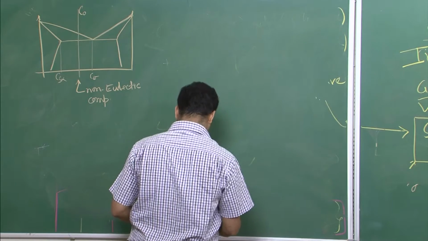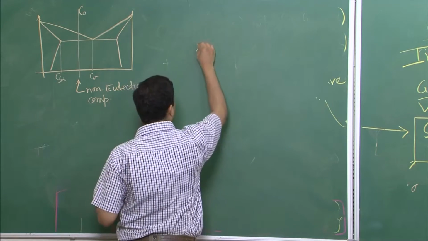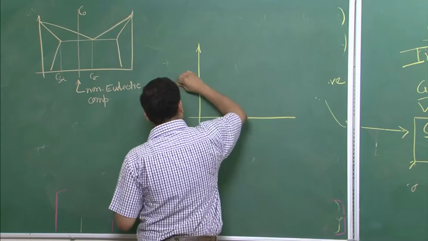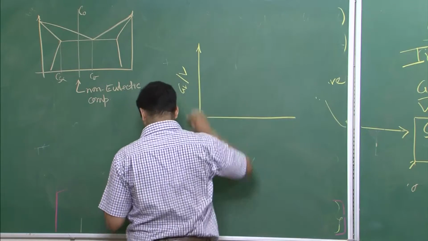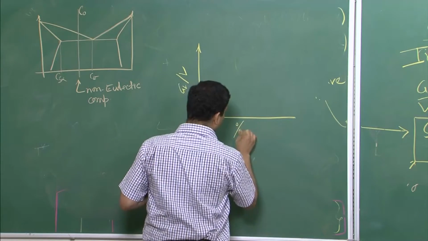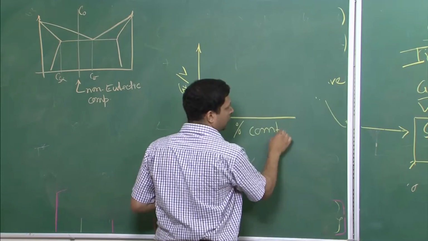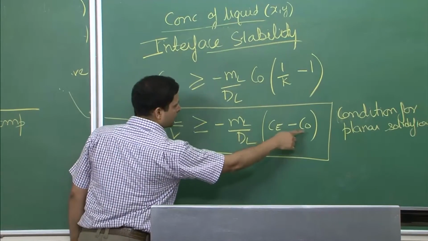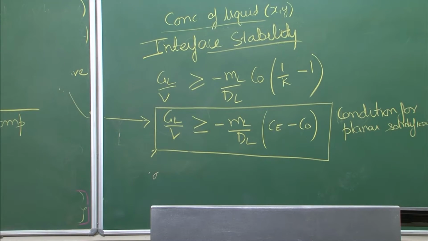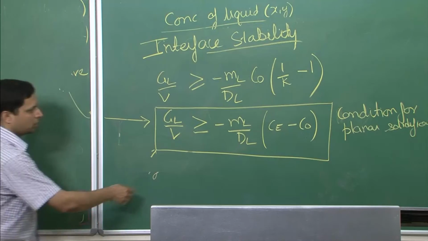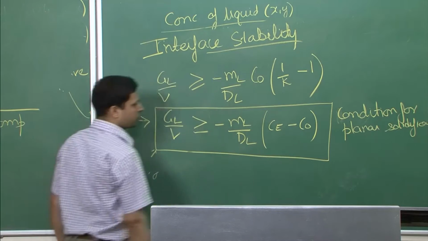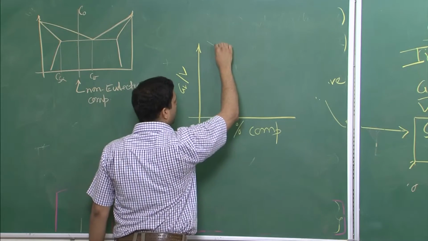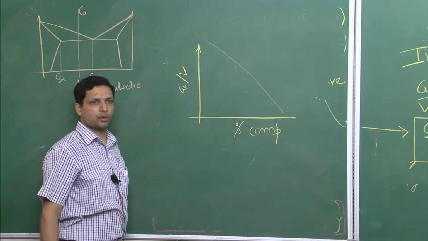So, if we plot GL over V and percentage composition, remember this is varying with the value of C naught. If you keep increasing C naught, then this value becomes smaller and smaller, and therefore the plot, if you were to draw it theoretically, will look like this.